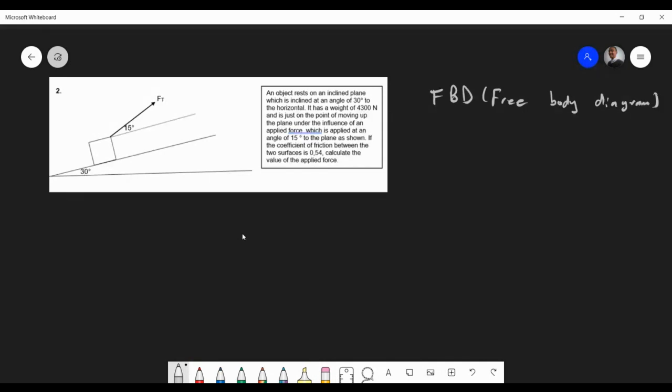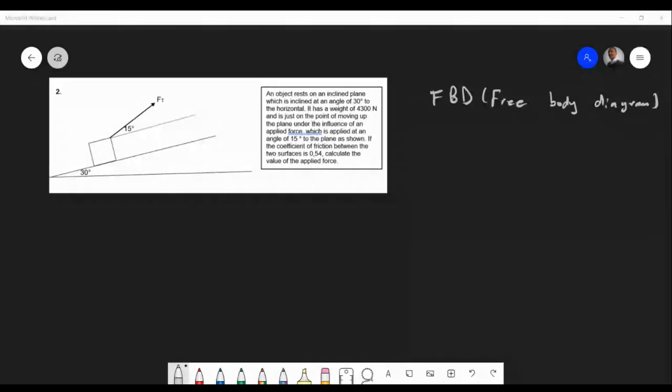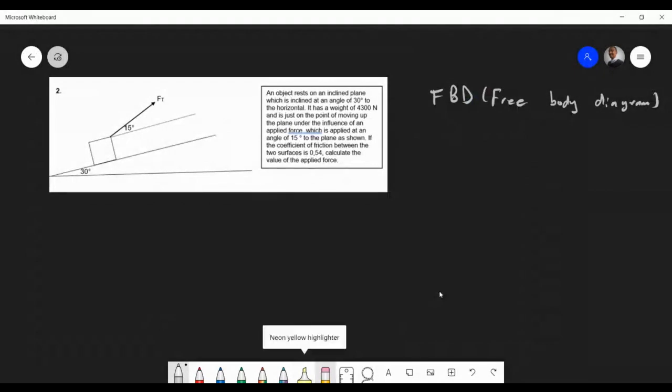What's important for a free body diagram is that we need to identify all the forces acting on the object, right? So in our case, I think I should sketch it here. We've got our block on a 30-degree slope, right? Maybe someone's trying to pass their drivers.